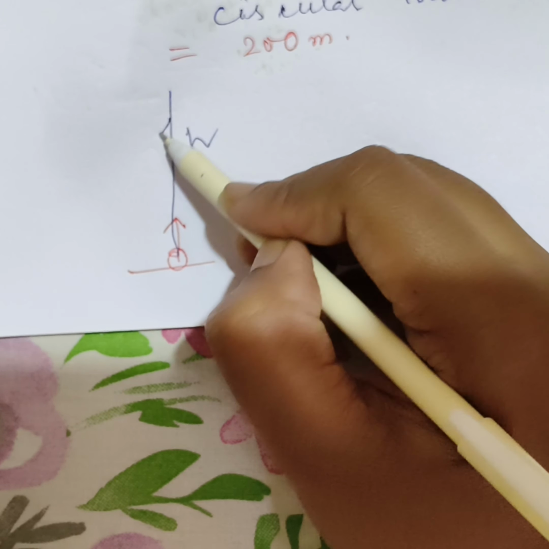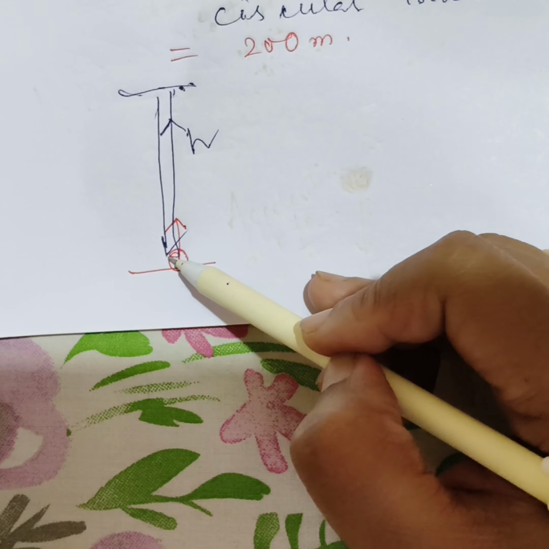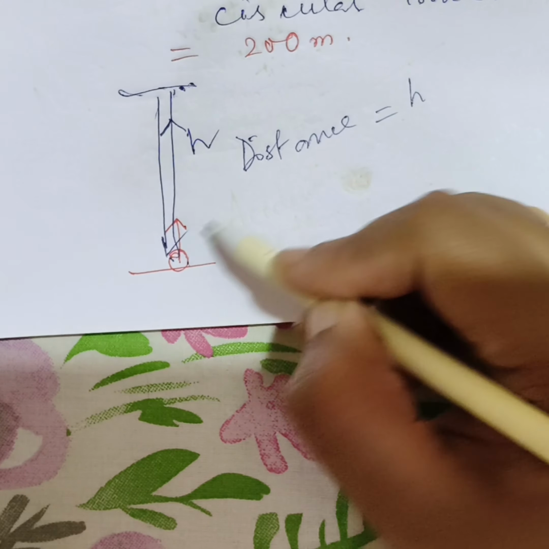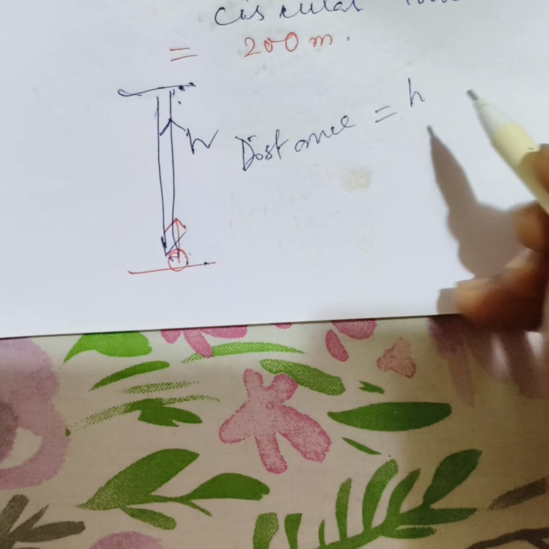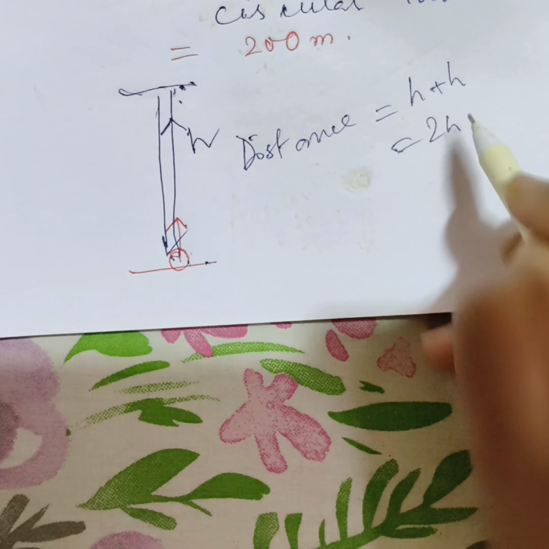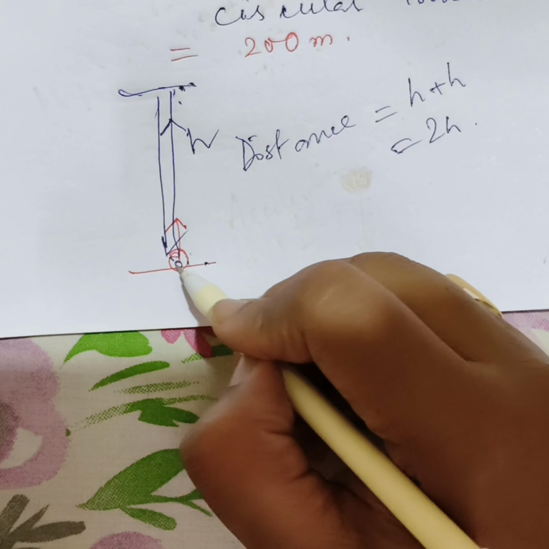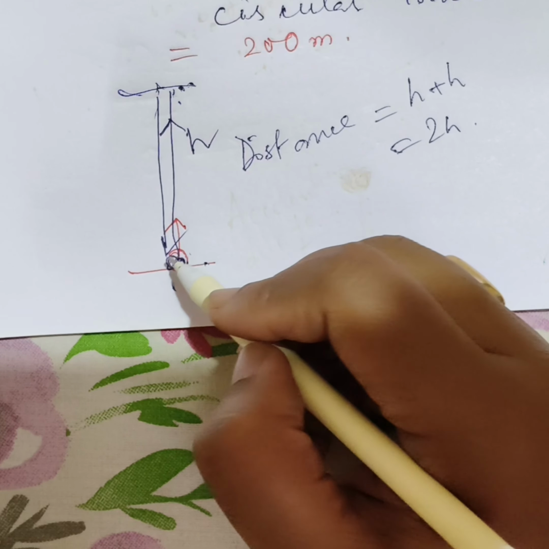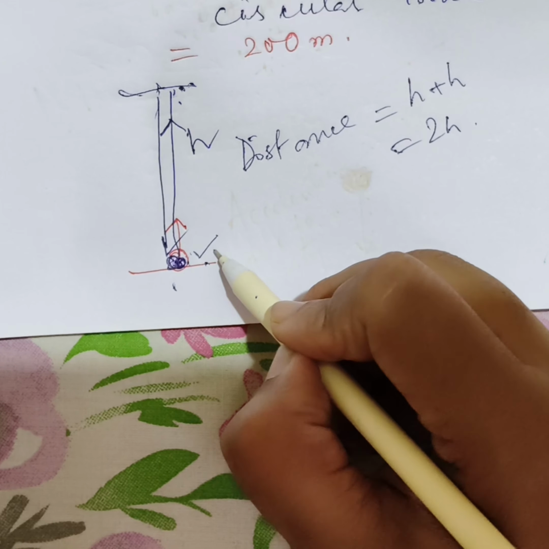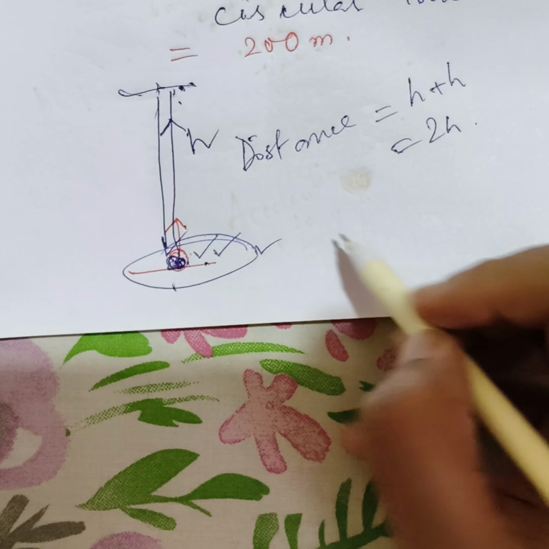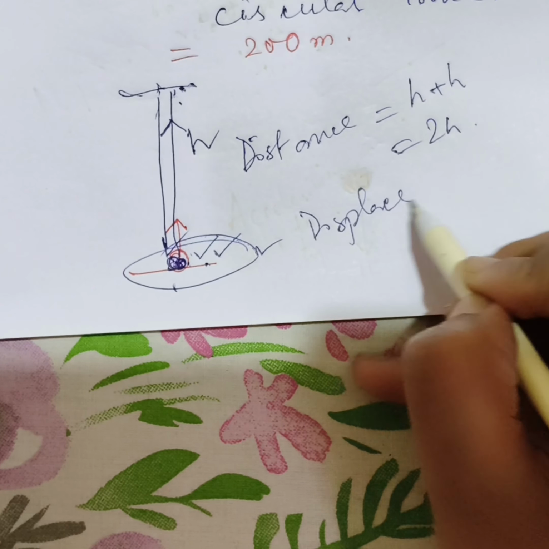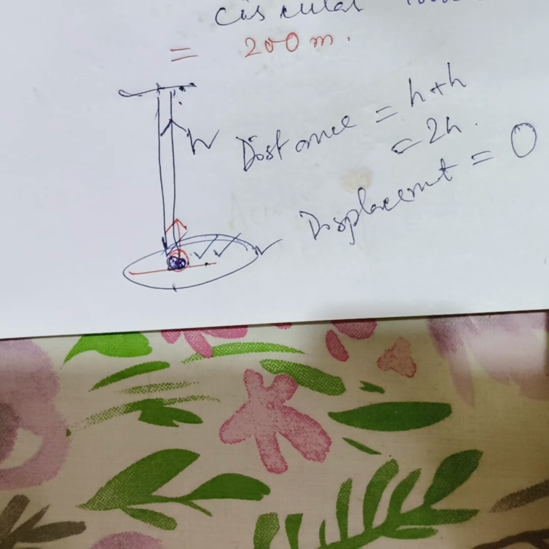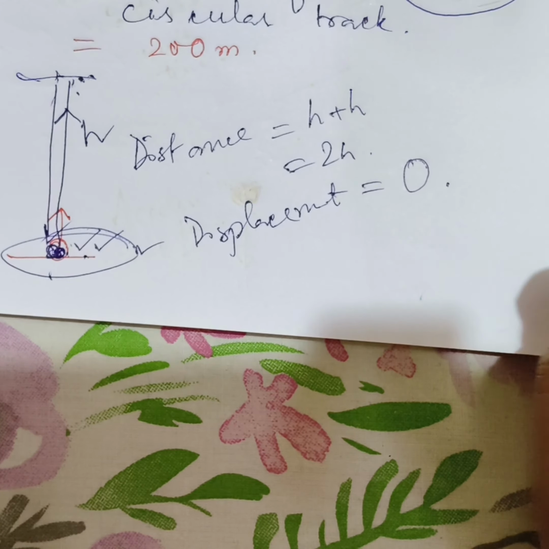So when it reaches height h and then comes down, the total distance will be h up and then h down, that is h plus h, distance is 2h. But it started at a point, went up and came back there again. So the initial and final positions being the same point, the displacement will be 0. Such questions you are definitely going to see.